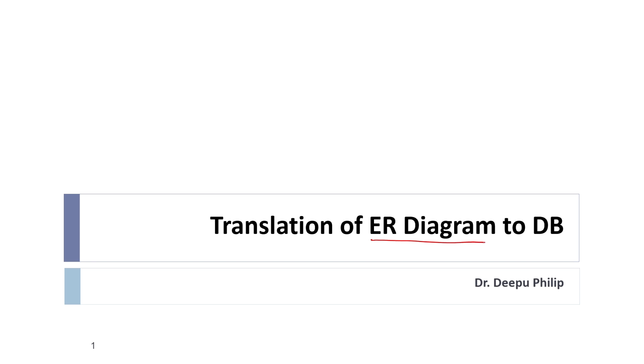We have already seen major aspects of it, which include what is an ER diagram, what is an entity, what is a relationship, how to translate from user specification to ER diagram, etc. Without further delay, we will get into today's topic, which is the translation of ER diagram, entity relationship diagram, to database. Let us first start with the major definitions.